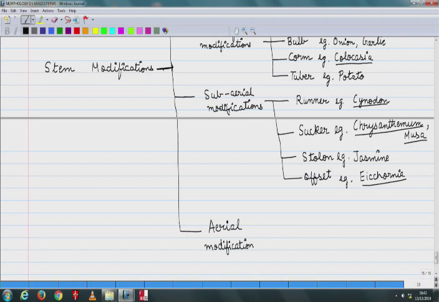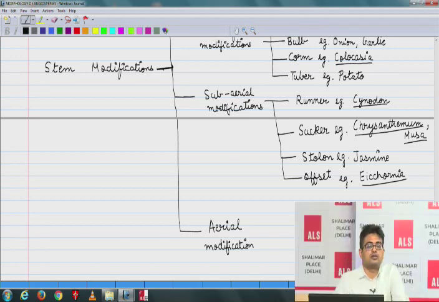They're not touching the soil, they're not in contact with the soil, they're above the soil, clear cut. So tendril is one example. There are many examples of aerial modification.